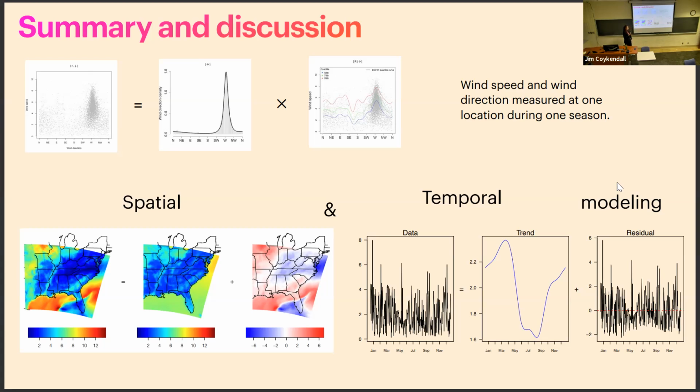And just to give you a big idea, the way we usually approach this space-time modeling, or spatial temporal modeling, is to look at the global structure and local structure. The global structure is also called the trend, and the local structure is what we refer to as the residual.